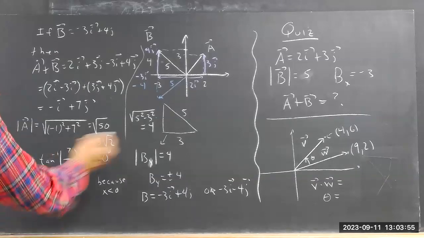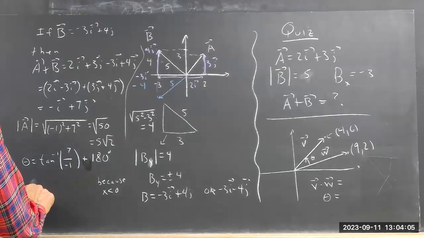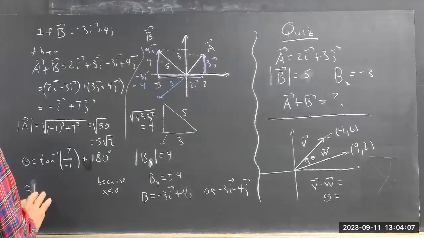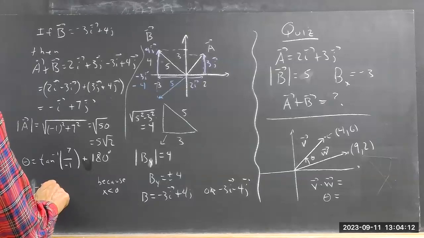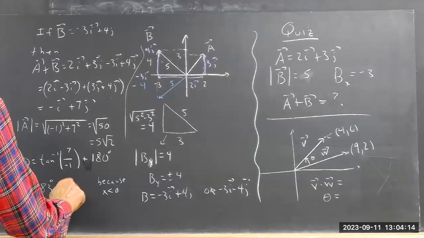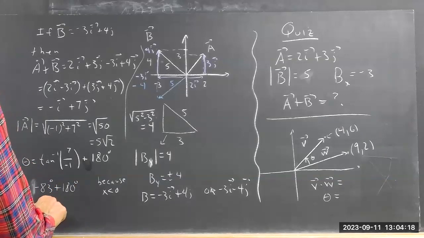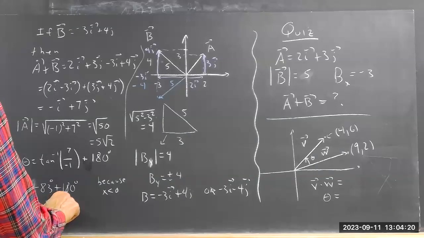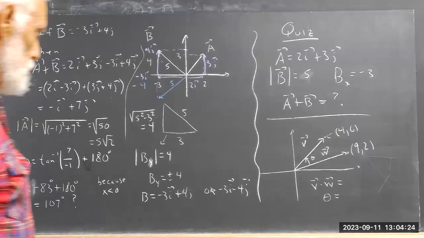And at this point, well, you go to approximations on your calculator. It's this again, 7. Maybe that's 173.